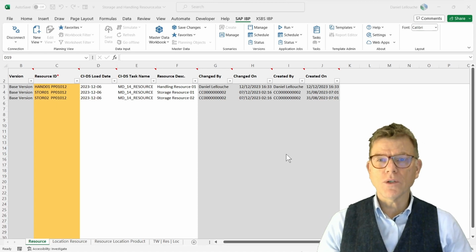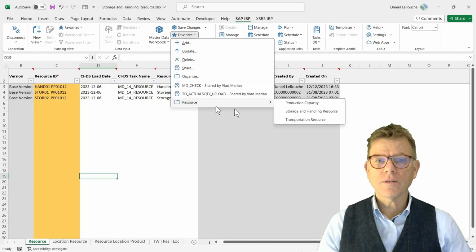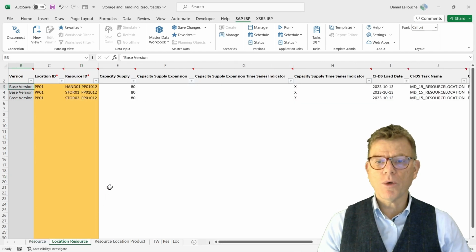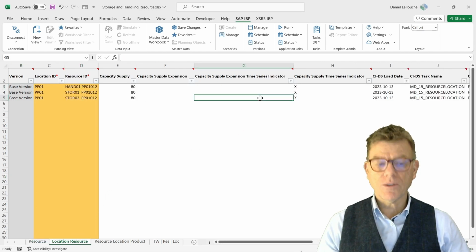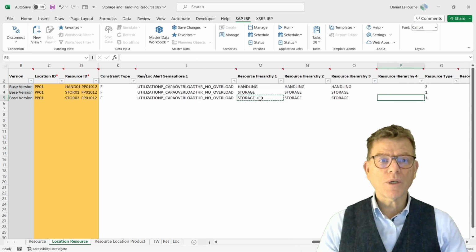Now let's focus on handling and storage resource. For that, although I have already a favorite showing that, the storage and handling resource, which is here currently shown, you can define the resource, then the location resource the same way like for production resource, except that you need to maintain the resource type, the appropriate one.